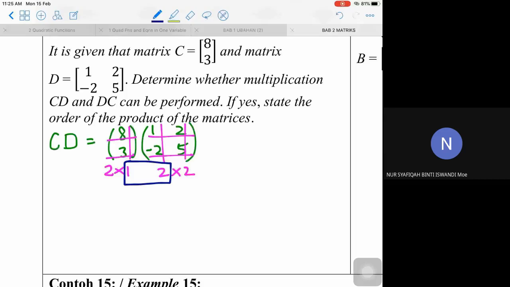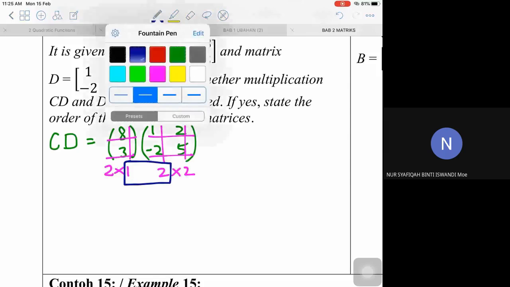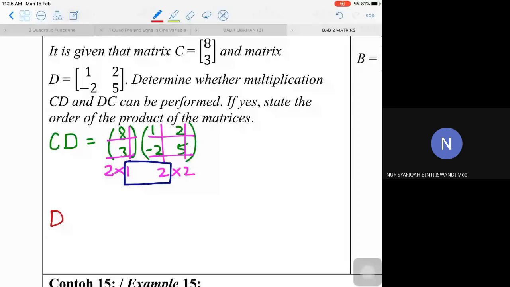And then we go to the DC, another one. Maybe you will say, CD, DC same or tidak. Dalam pendaraban dua matrix, multiplication of two matrices, CD most of the time is not equal to DC. So now D first, 1, 2, negative 2, 5, multiplied by the matrix C, which is 8, 3.